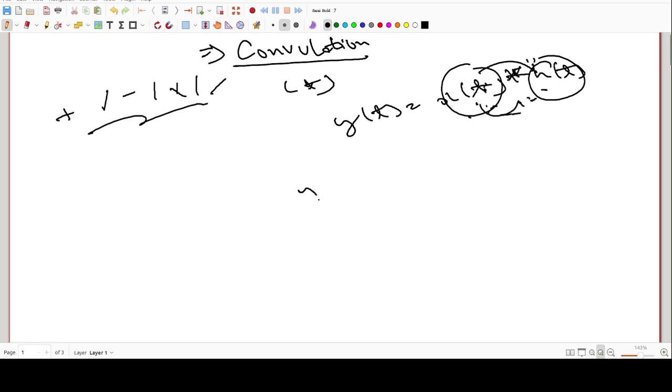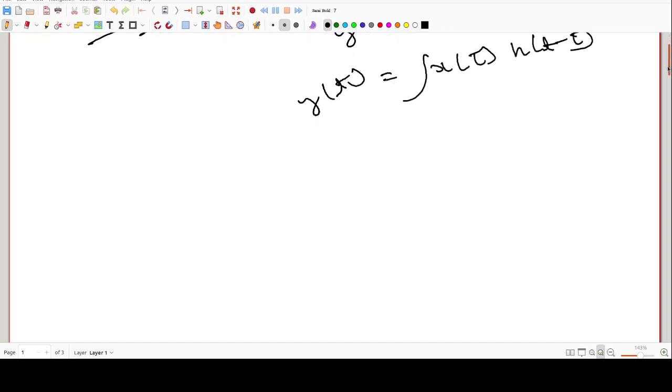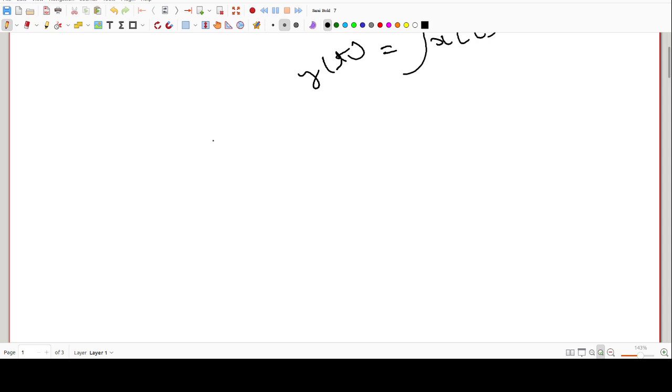The formula looks like this, over a range of time. So it's measuring how much two functions overlap as one slides over the other. There are three things happening here. First of all, h(t) becomes h(tau), because t is a constant here and tau is the variable.